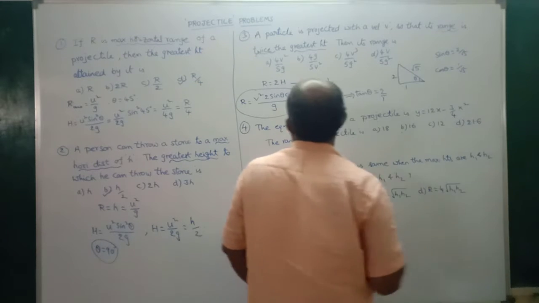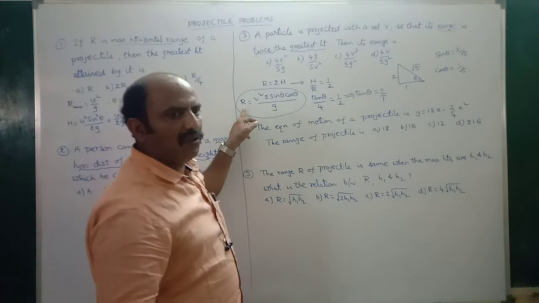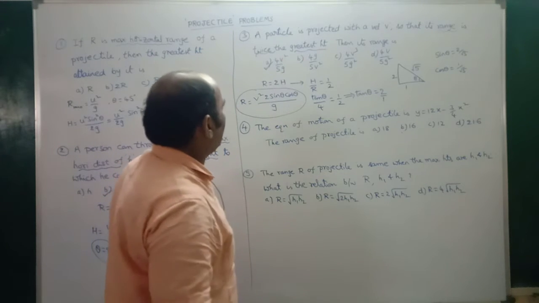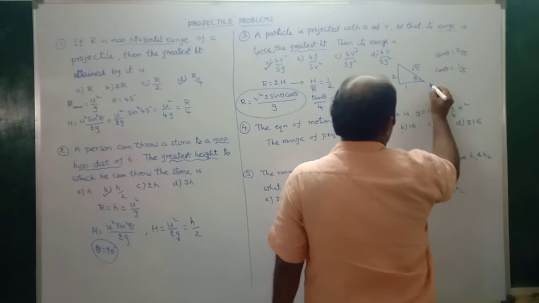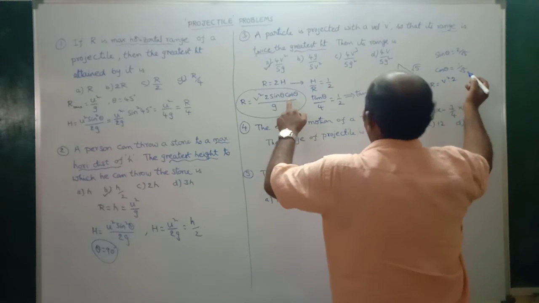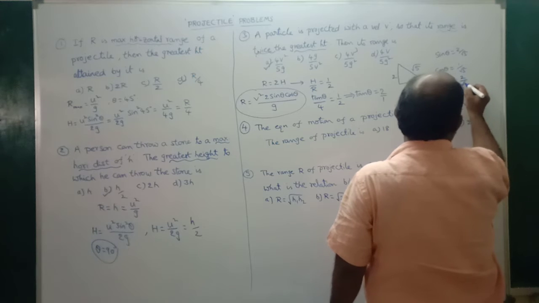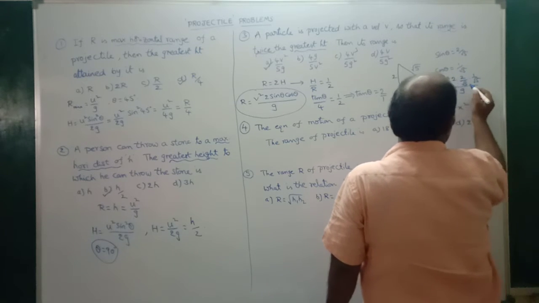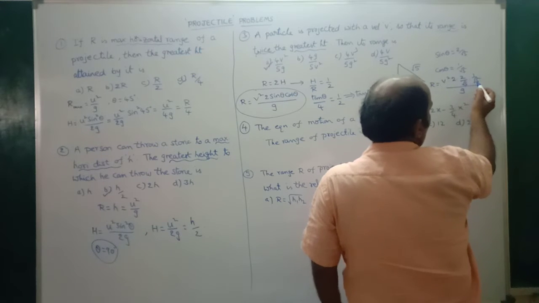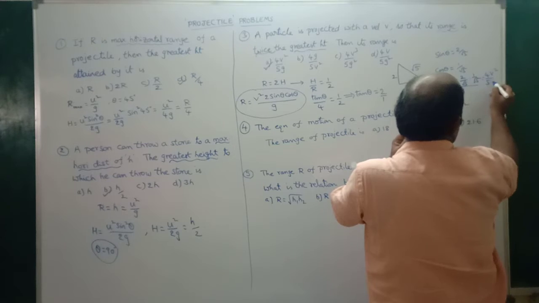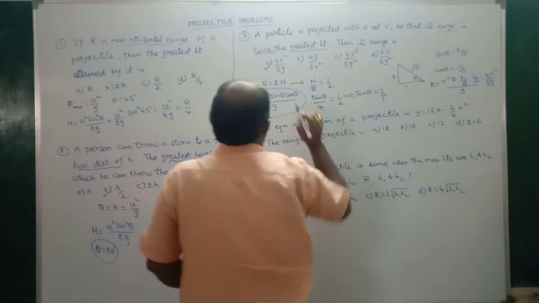These two values are substituted in the value of R. We get R is equal to v square into 2 into sin theta into cos theta, 2 by root 5 into 1 by root 5, by g. So root 5 into root 5 is 5. So finally 4 v square by 5g. So first option is the right one.